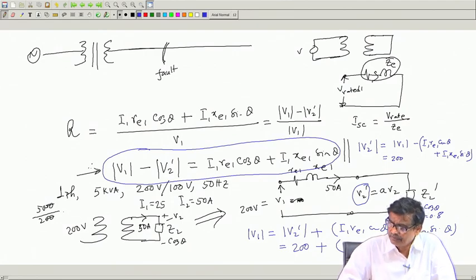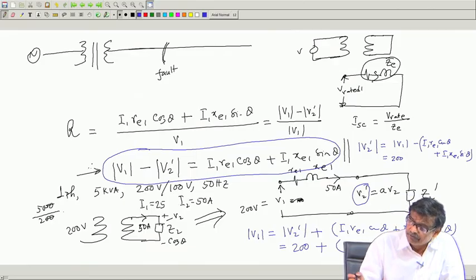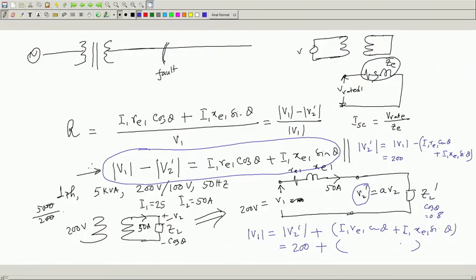You can have several nice problems on it. Okay, so, regulation formula is useful. Also useful is this formula, that is V 1 minus V 2 dashed, the magnitude of V 1 and magnitude of V 2 dashed can be easily computed for a given load and power factor of the transformer.